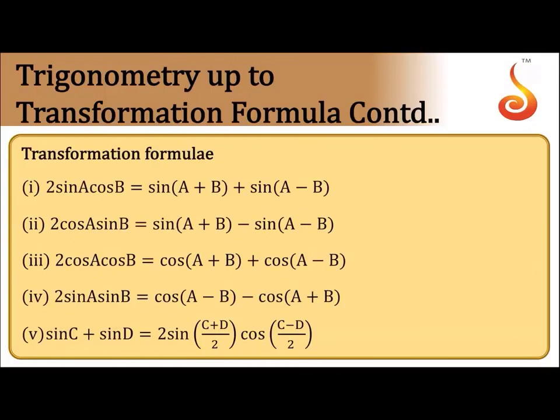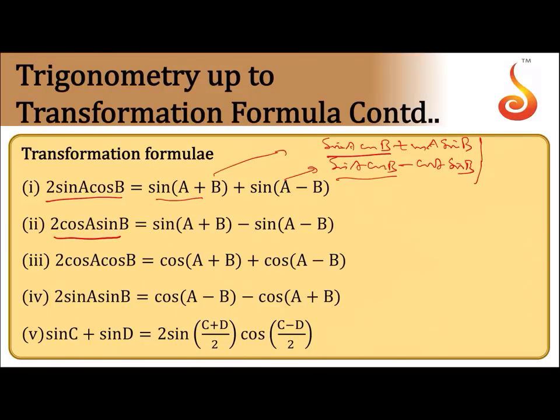Let's see the transformation formulae. We know sine A plus B is nothing but sine A cos B plus cos A sine B, whereas sine A minus B is nothing but sine A cos B minus cos A sine B. When you add them, you are going to have 2 times sine A cos B. When you subtract them, which is nothing but 2 cos A sine B. So in other words, this is the sum of angles, and this is the difference of angles.